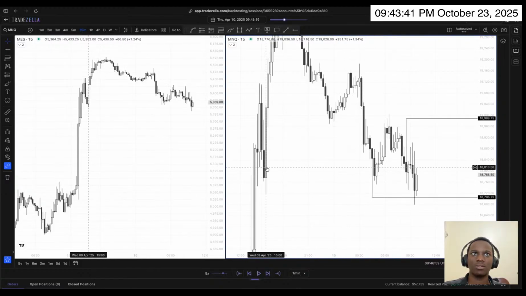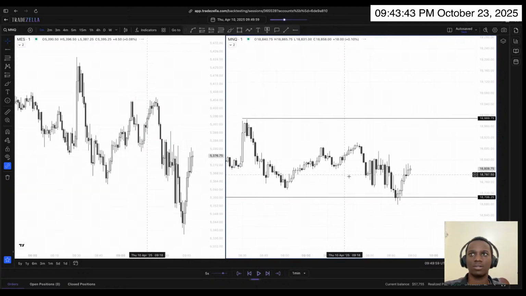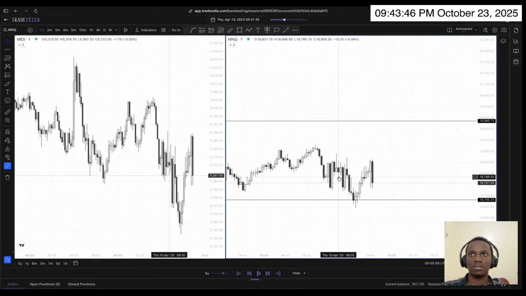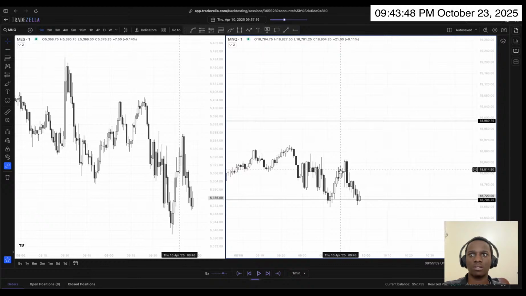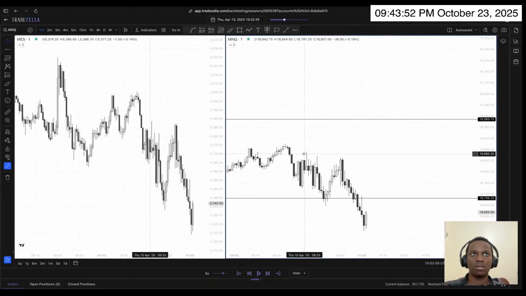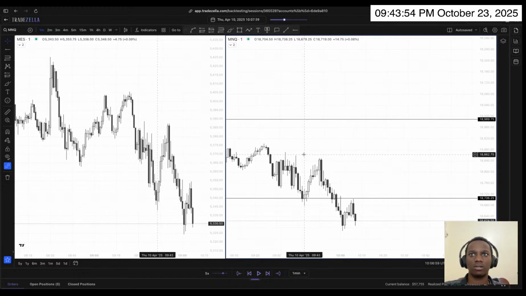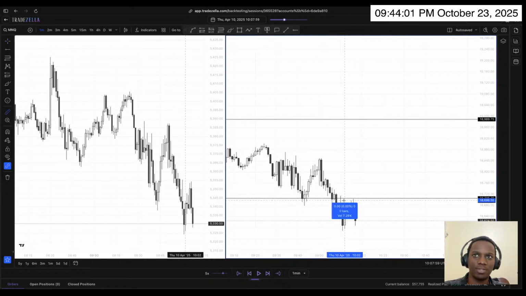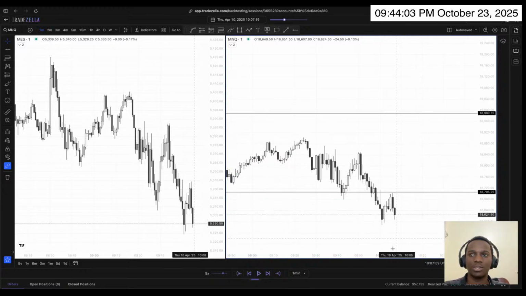And this low on this one here. Okay, there is not even a first presented fair value gap. Actually, this one is okay.